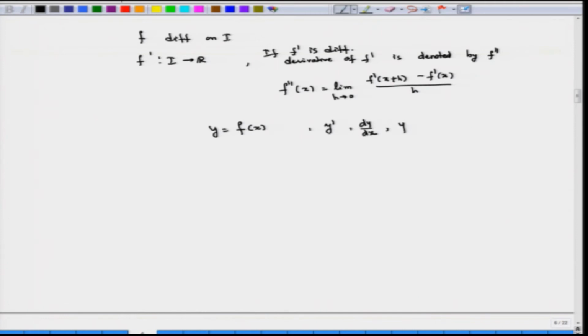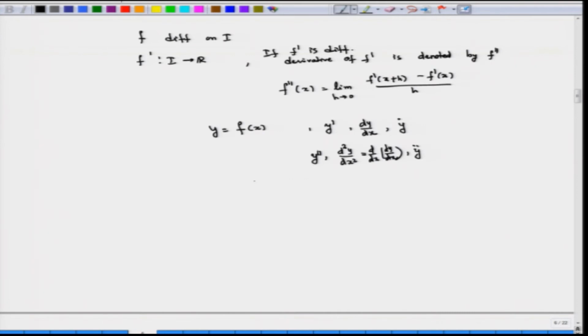In some books you will find y dot. Then you can also have y double prime, which is d square y by dx square, equal to the derivative of dy by dx, because dy by dx is again a function of x. If it is differentiable, we can talk of the derivative of that, and some put it like this.